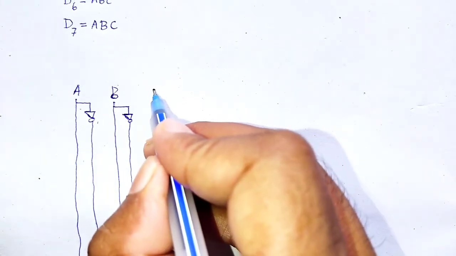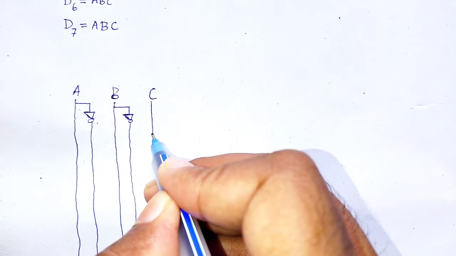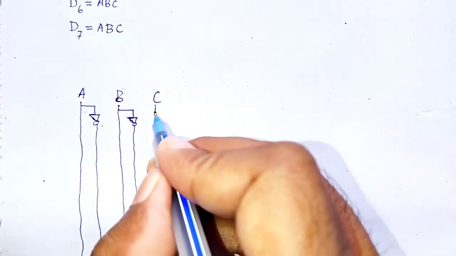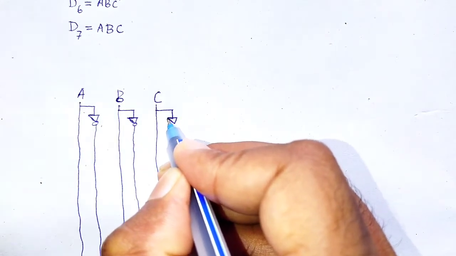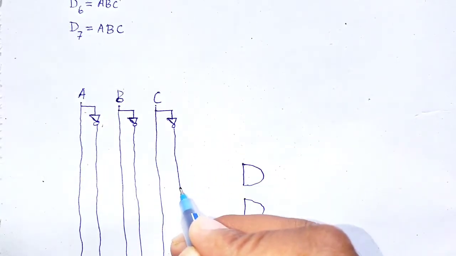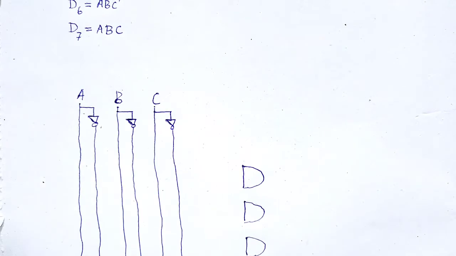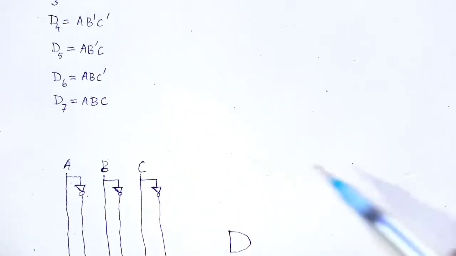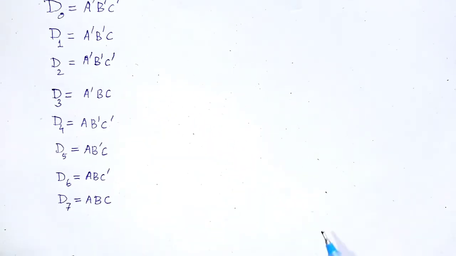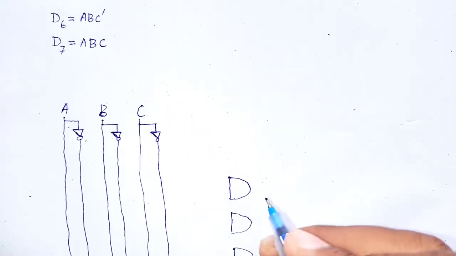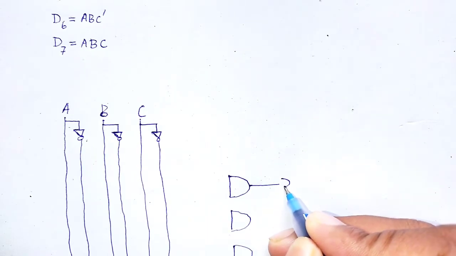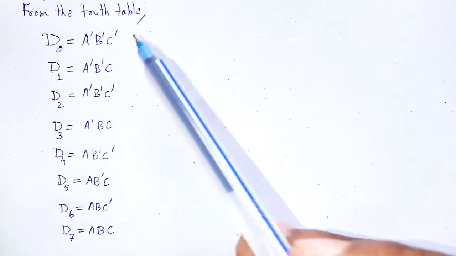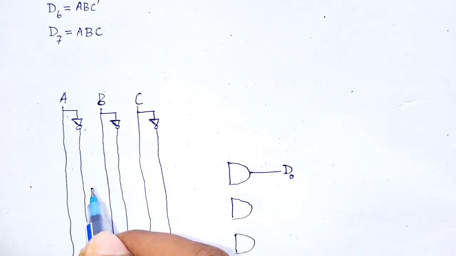Next for C, that is the C line. For C dash, use a NOT gate, that is the C dash line. Now we construct the outputs. First for D0, for achieving D0, A dash, B dash, C dash join.